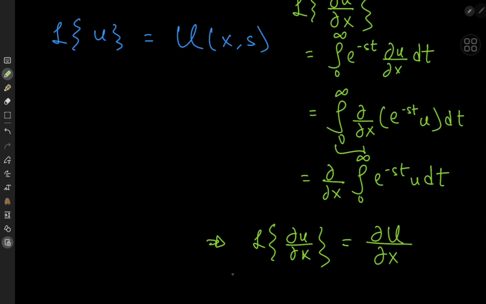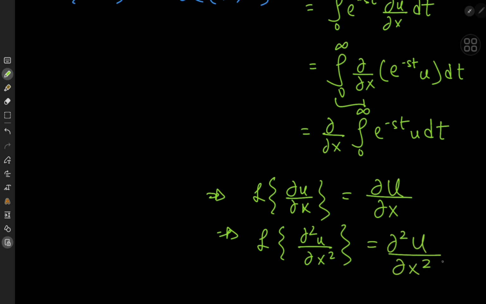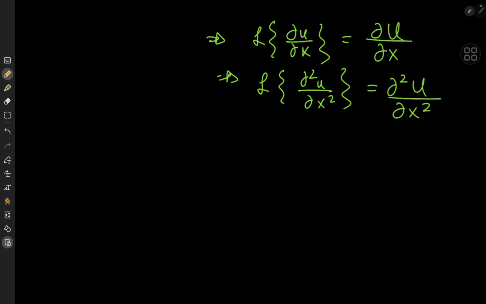And we have, by the same token, a similar relation for the Laplace transform of the second derivative of u with respect to x. That would be partial squared uppercase U by partial x squared. Now the Laplace transform for the time derivative, that is partial u by partial t, looks slightly different. Reason being the Laplace transform is itself an integral evaluated with respect to t.